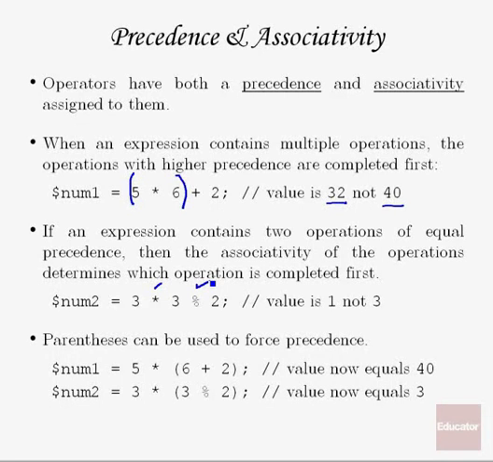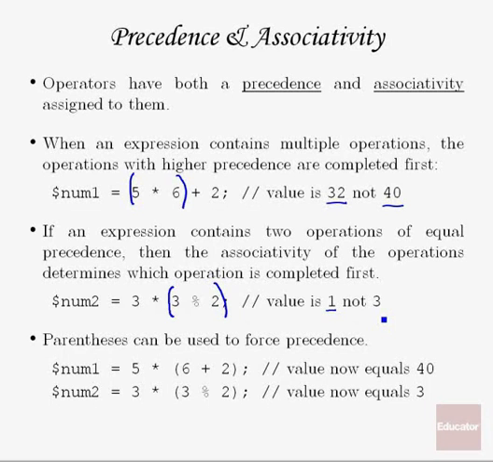So what's going to happen is 3 times 3 is first going to get multiplied, and then it's going to be modded with 2, as opposed to the other way around, 3 mod 2 times 3. So the result of this is actually 1 and not 3, because 3 times 3 is 9, and if you divide it by 2, the remainder is equal to 1, as opposed to 2 goes into 3, remainder of 1, 1 times 3 is 3. So this demonstrates left associativity.